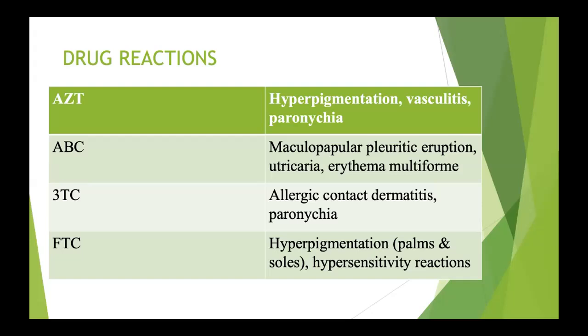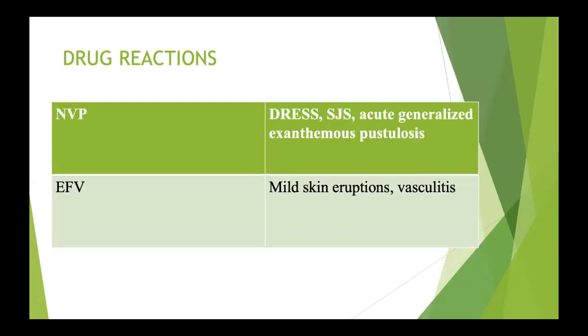FTC would be hyperpigmentation as well, solely of the palms and soles, and hypersensitivity reaction. For nevirapine, we would see Stevens-Johnson syndrome, which is an important one there, and acute generalized exanthematous pustulosis. With efavirenz, it would be mild skin eruption and vasculitis.